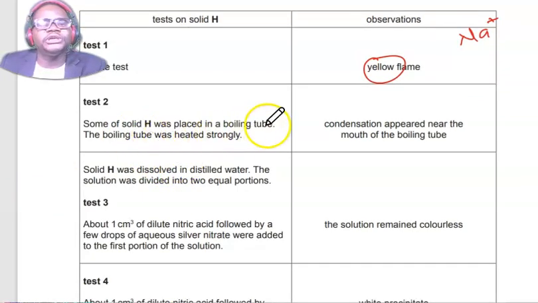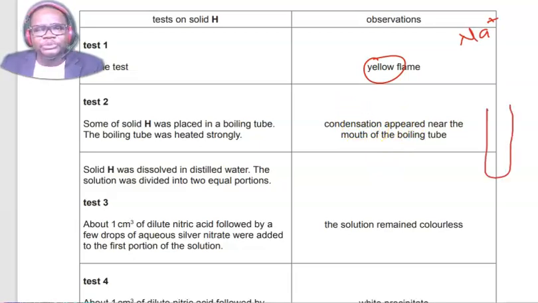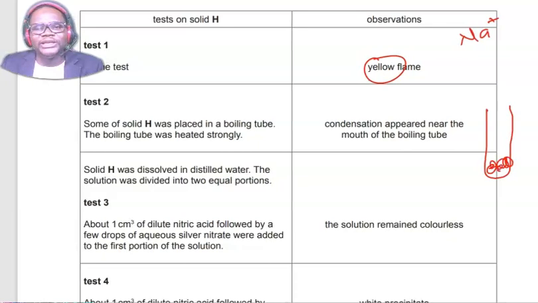Solution H was placed in the boiling tube and was heated strongly. Condensation appeared near the mouth of the boiling tube. You know what this means? That they put the solution in the boiling tube and they heated it. Then they noticed the formation of condensate.